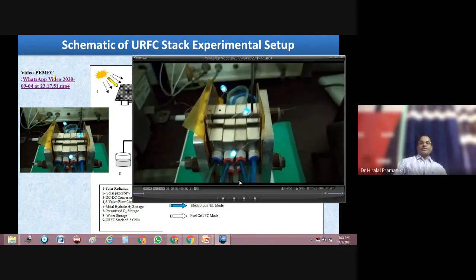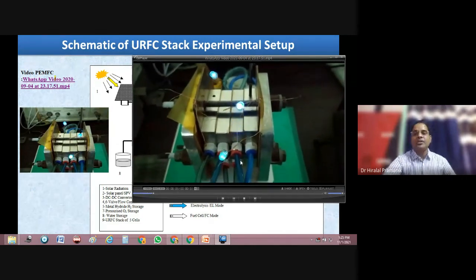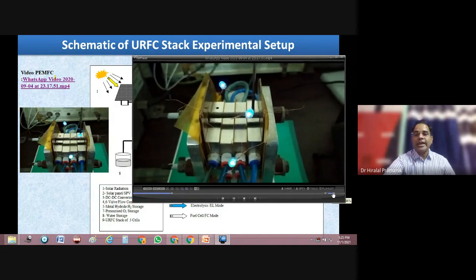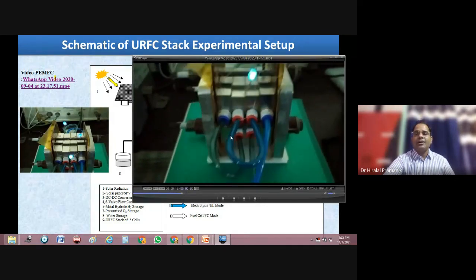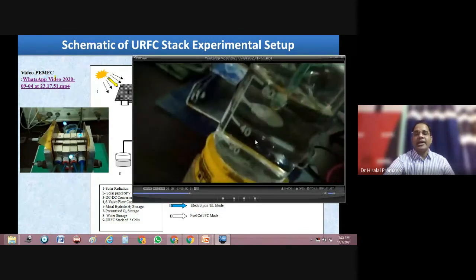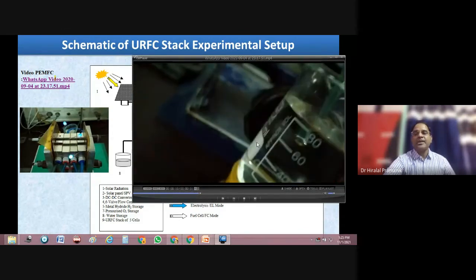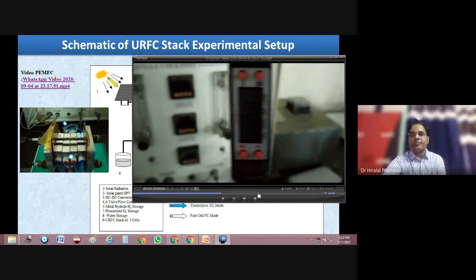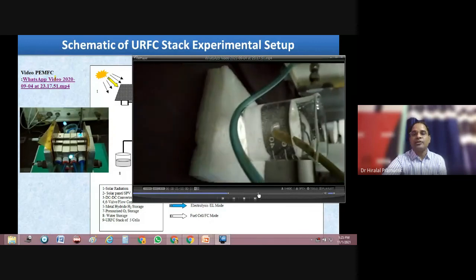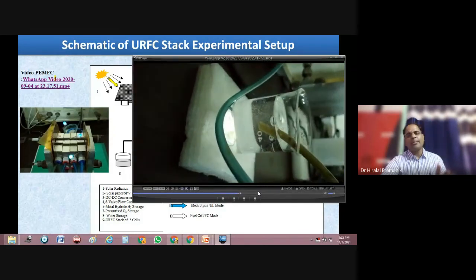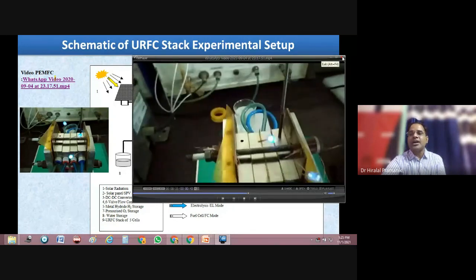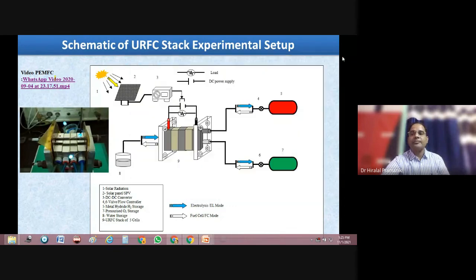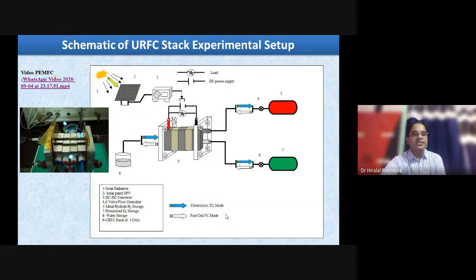You can see this is a hydrogen fuel cell we are having, only 3 cells, a simple hydrogen cell stack in series. Very small. We are getting a current which is sufficient to glow a large number of LEDs, but we have shown only 3 here, right? So this is an original PEMFC where hydrogen is the fuel. This is a real setup.